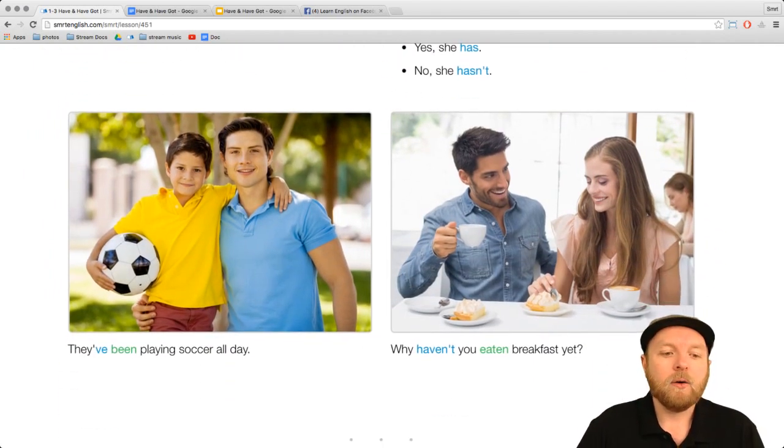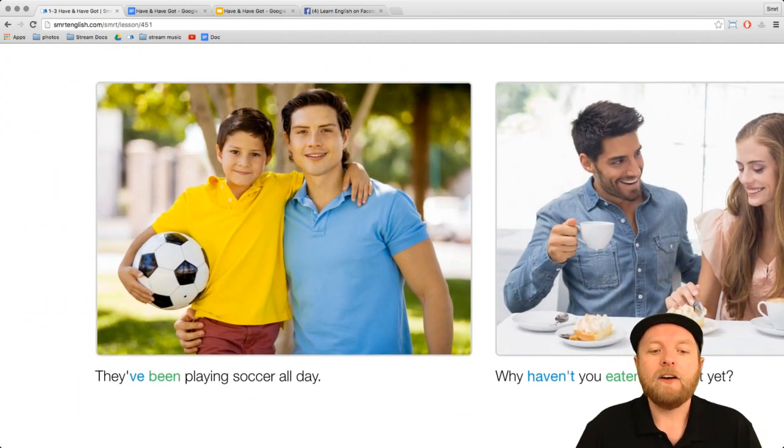Now, they have been playing soccer all day. They have been playing. Here we have have, of course, and after have, we have a past participle. So be, was, were, no, been.